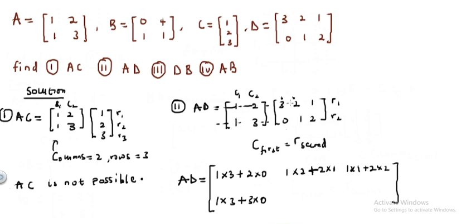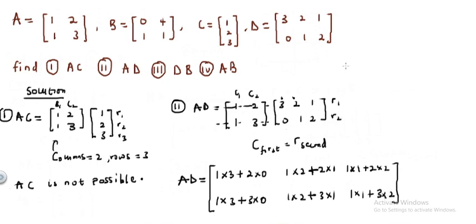This will be 1 times 2 plus 3 times 1. Then I'm done with my second column, so I can go to my third column. This will be 1 times 1 plus 3 times 2.